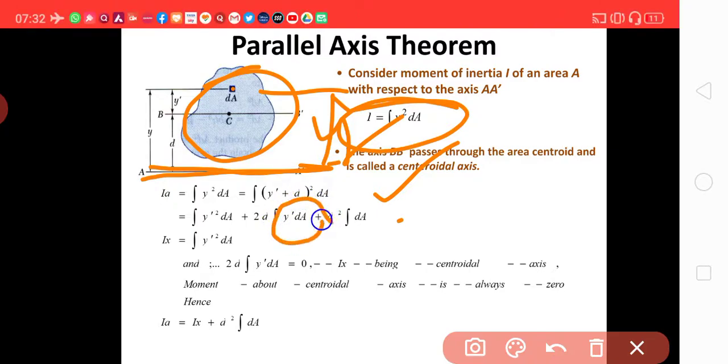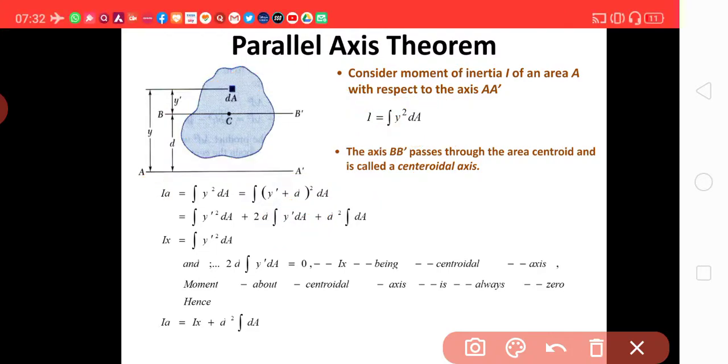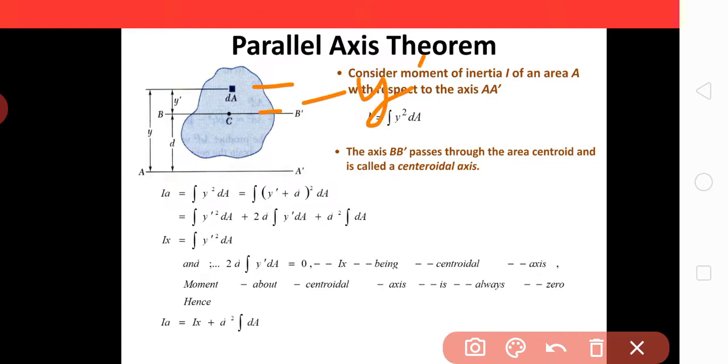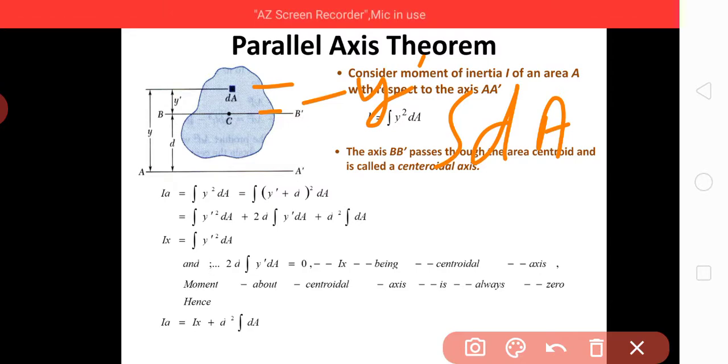Consider this portion. This is the y dash, and the integral of y dash dA means the moment of area about its centroidal axis.